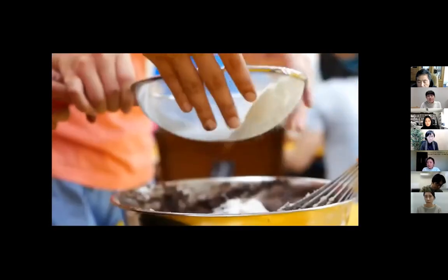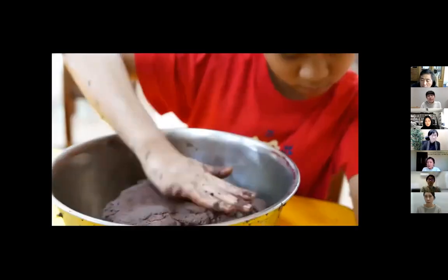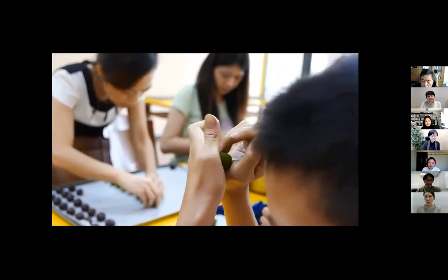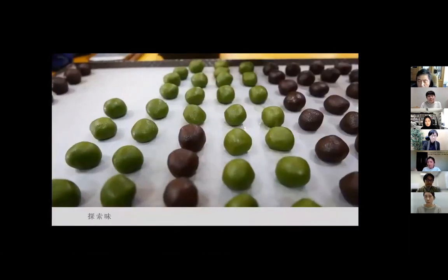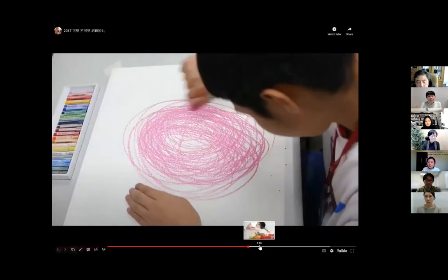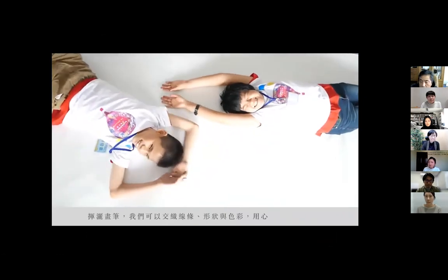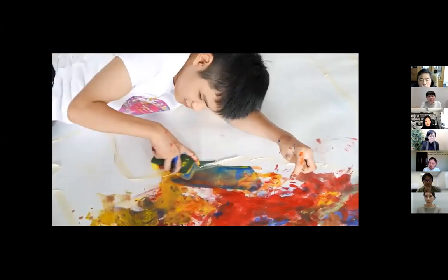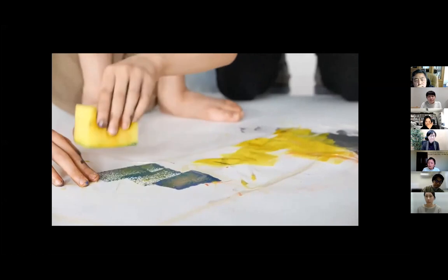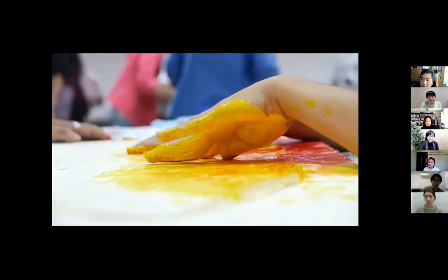And here is a baking course, and I invited a blind teacher to teach them how to use taste and smell to make snacks for the opening ceremony of their exhibition. Okay, so we also teach them how to draw, even though they have never seen color, and we also need to tell them the color principle, how to mix yellow and blue, and you will create green.